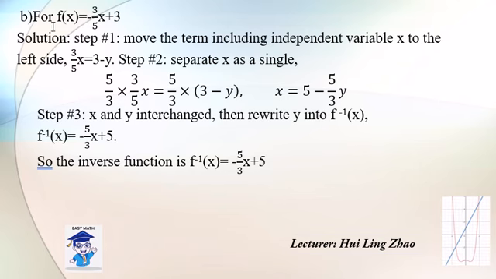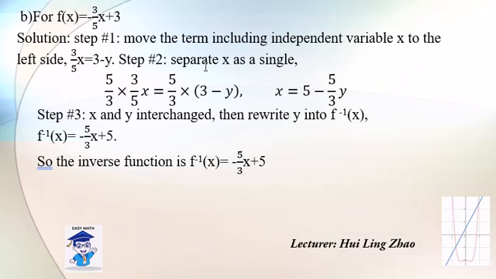Part B, for f(x) equals -3x over 5 plus 3. How to find the inverse relation? Actually, there are 3 steps. Step number 1, move the term containing the independent variable x to the left side: 3x over 5 equals 3 minus y.